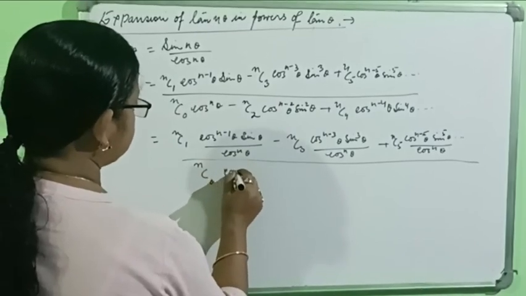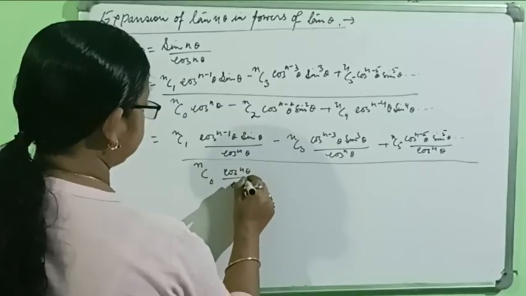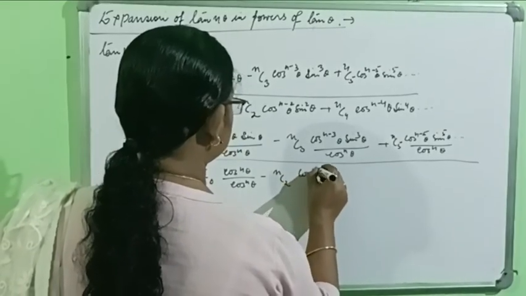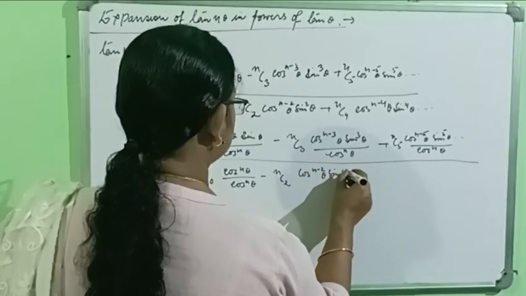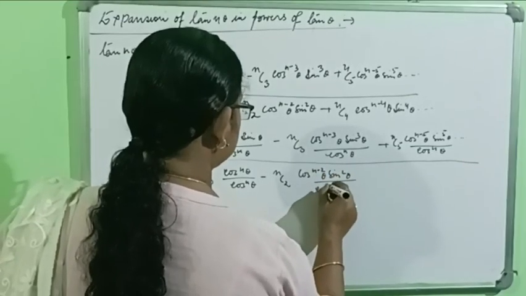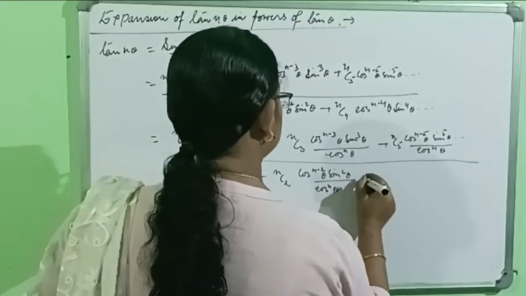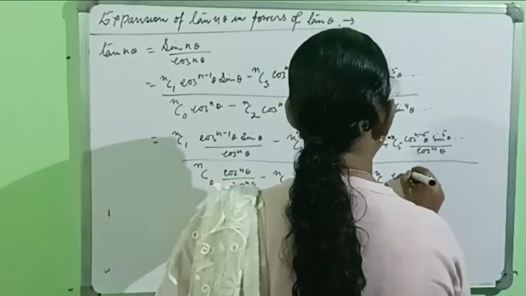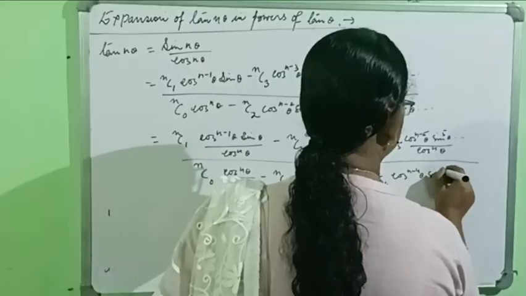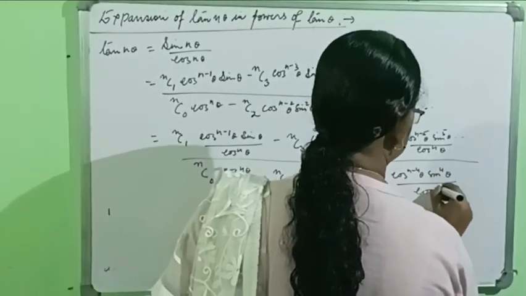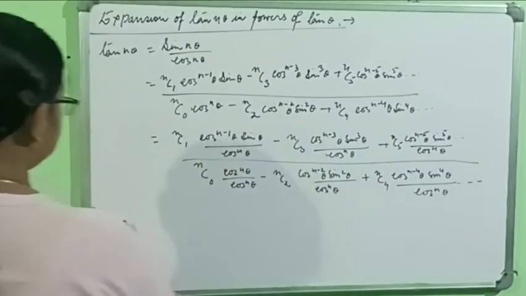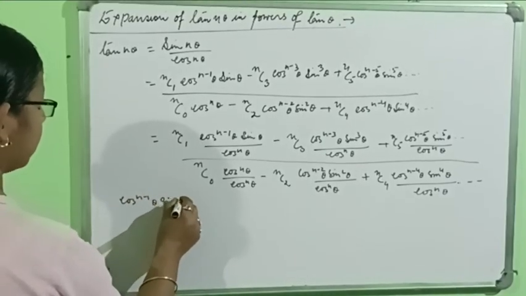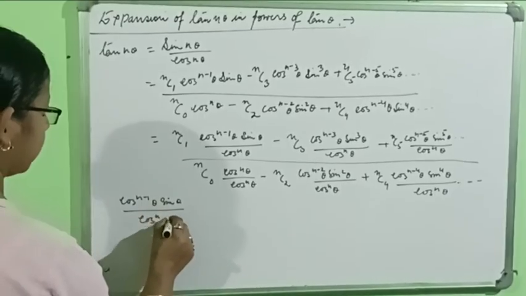nC0 cos^n theta divided by cos^n. This term can be written as cos^(n-1) theta sin theta divided by cos^n theta.